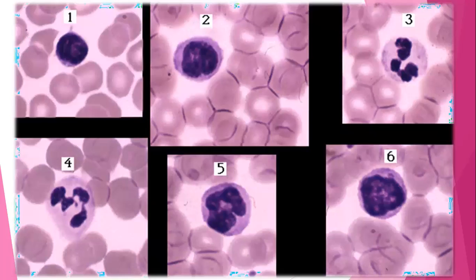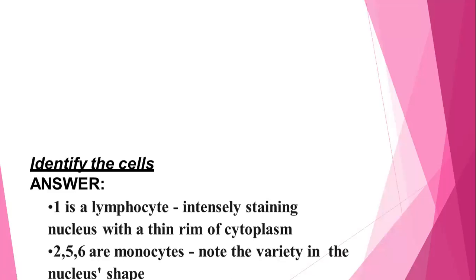I prepared this particular slide 2 or 3 years back, when physical lectures were going on, and I asked these questions to the students, but now this is a virtual session. This slide is for you to identify these cells, and these are the answers.